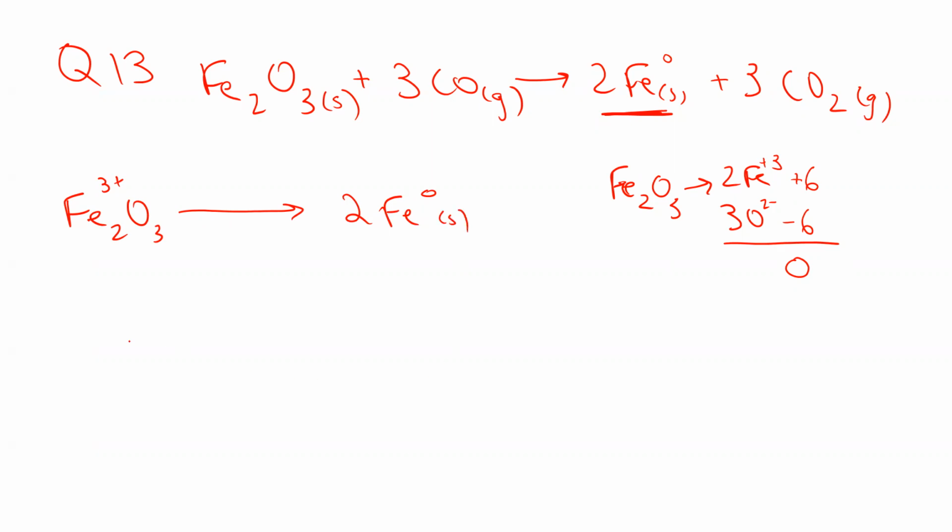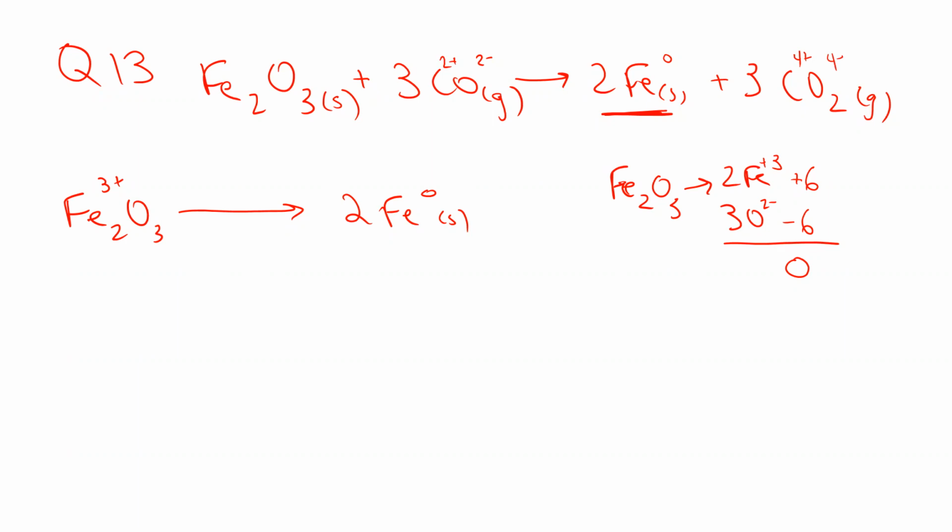And then my other reaction is a little bit harder to see, but I can do the same thing. Basically, in carbon monoxide, oxygen is always -2, so carbon needs to be +2 to balance that out. So what does that mean in carbon dioxide? Well, I've got 2 oxygens at -2 each, so carbon has to be 4+ in carbon dioxide because the total charge from the oxygen is -4.